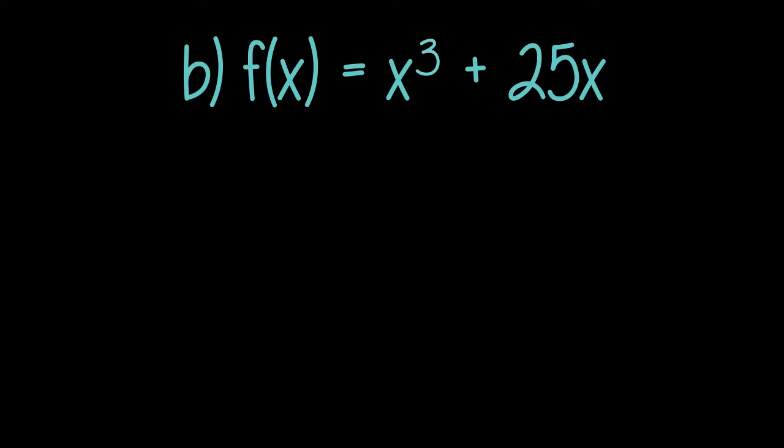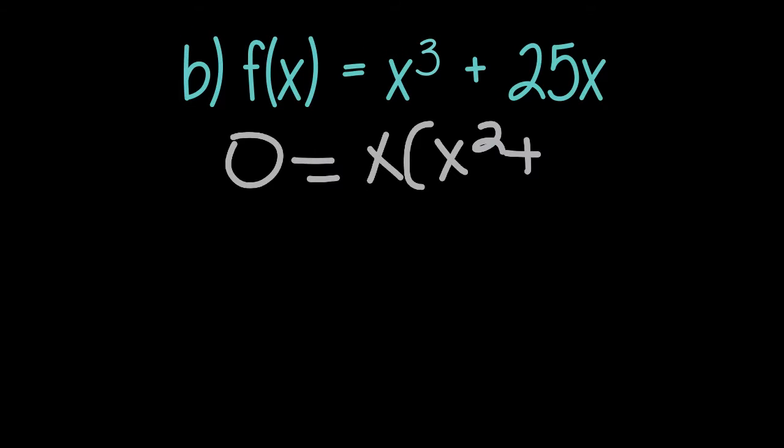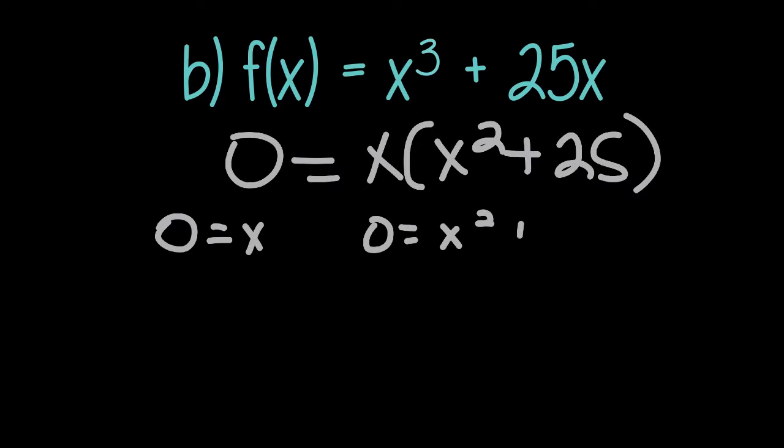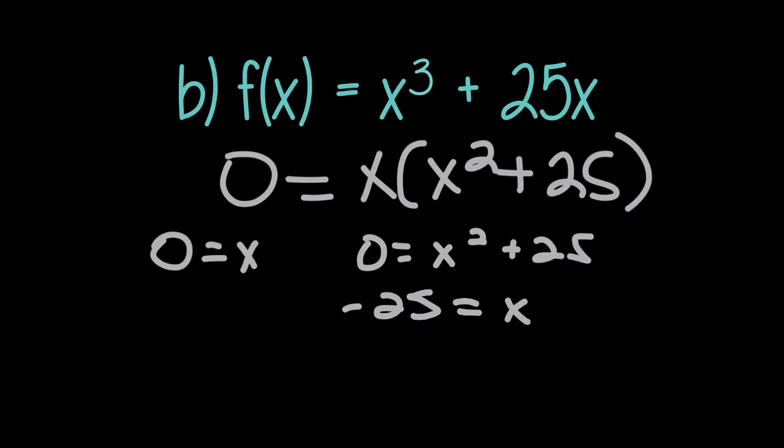Okay, this time, can you factor to start? Yeah, right? We could take out the x. And then x squared plus 25 can't be factored. So I'd split it. I'd get 0 equals x, and I get 0 equals x squared plus 25. Negative 25 equals x squared.